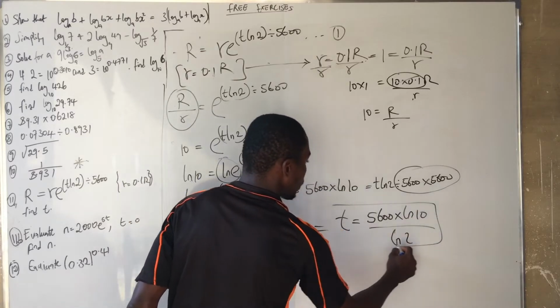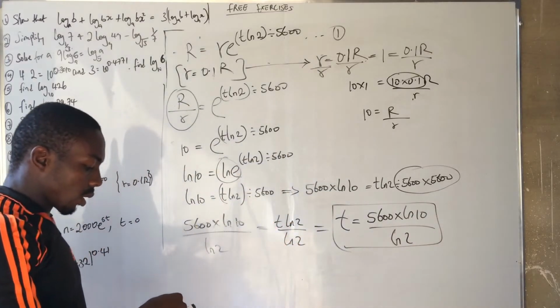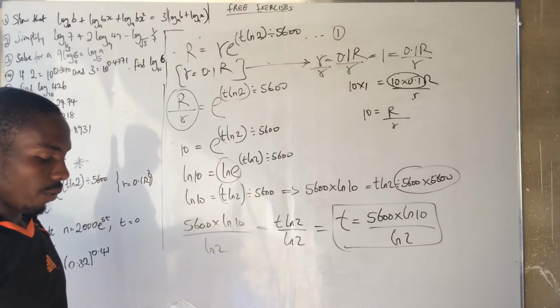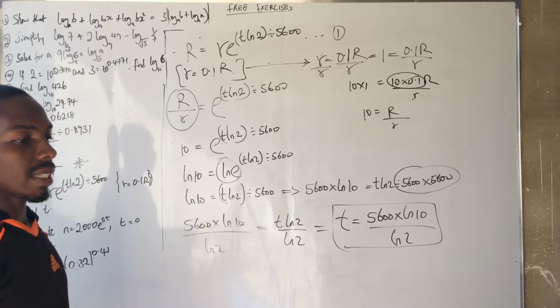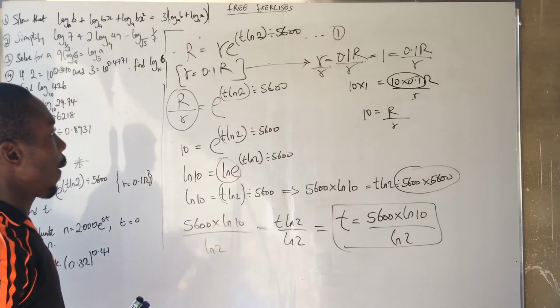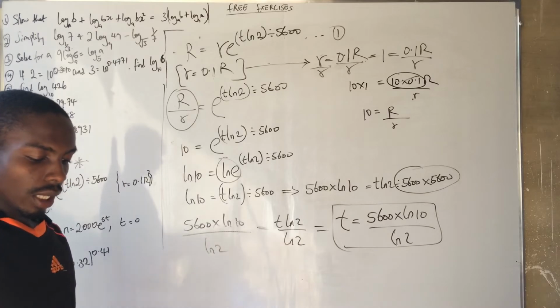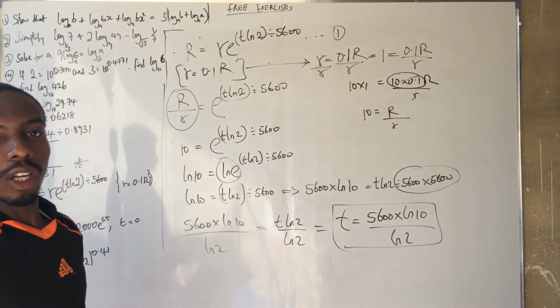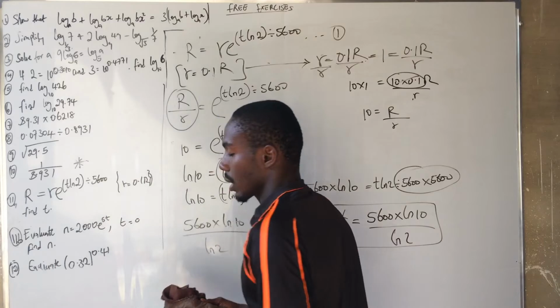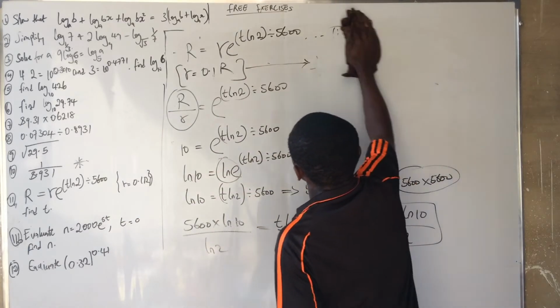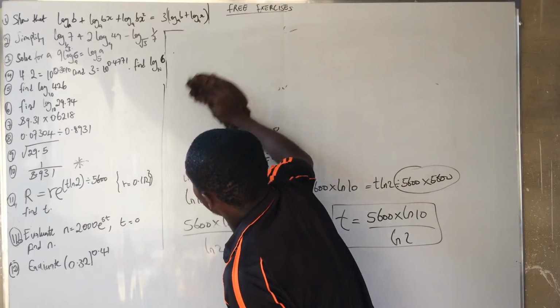And this is my answer. If I punch this in a calculator now, it's going to give me a value, and that value is my t value. So I believe you understand this very well. If you don't understand that, just put down a comment in the comment box below. When I see it, I'm going to attend to it. So I go over to number 11B.